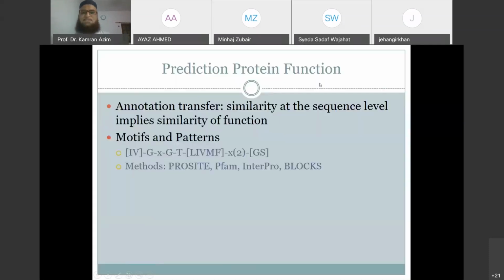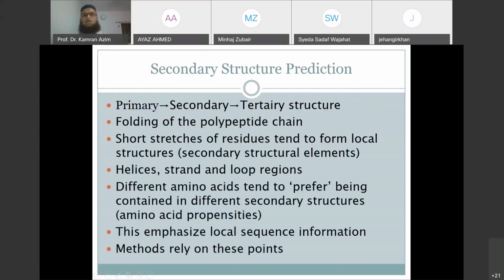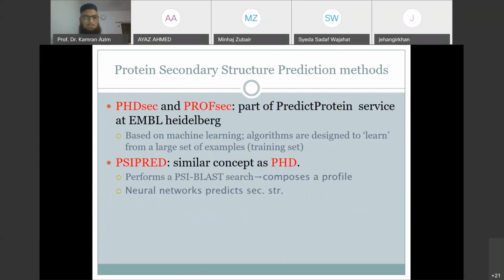So in this lecture, we have discussed a brief overview. That is, using the protein sequence, we can predict the secondary structure of the protein, and these are the programs for doing secondary structure prediction.